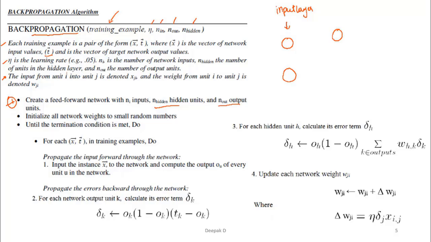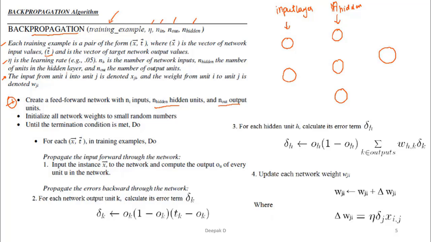Here I take three hidden units or neurons in the hidden layer. This is represented as H, or it can be represented as n hidden. There are three hidden nodes, and for the output I take one output node.